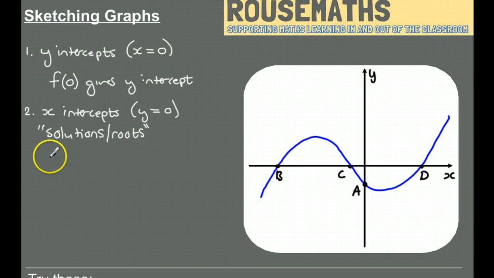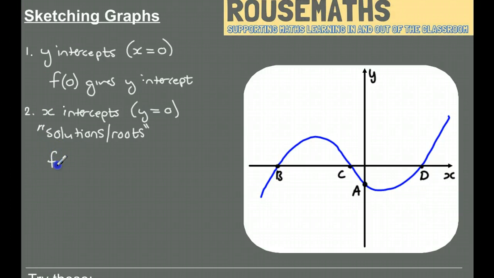And that's why when you're solving a quadratic you make it equal to 0, but equally for any equation you make y equal to 0, then you should be able to use algebraic methods to find the value of x. In some cases you can't find it algebraically, but in most cases you encounter you will.